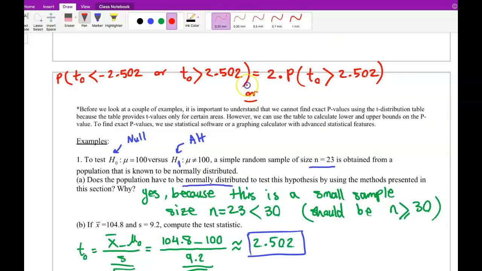Or we can use the other one, equal to 2 times when t is less than negative 2.502. But in the textbook you may see only this one. The answers are the same.